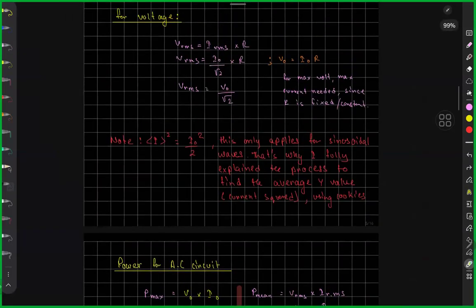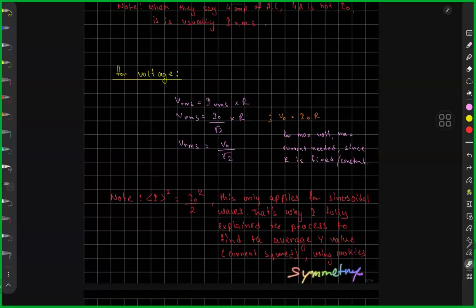Great. And as mentioned, what we did was square the value of whatever the maximum current is and divide it by 2 to find the average squared current. This only works when you have sinusoidal waves because there's symmetry over there, in the way trigonometric functions work, which is why this works.